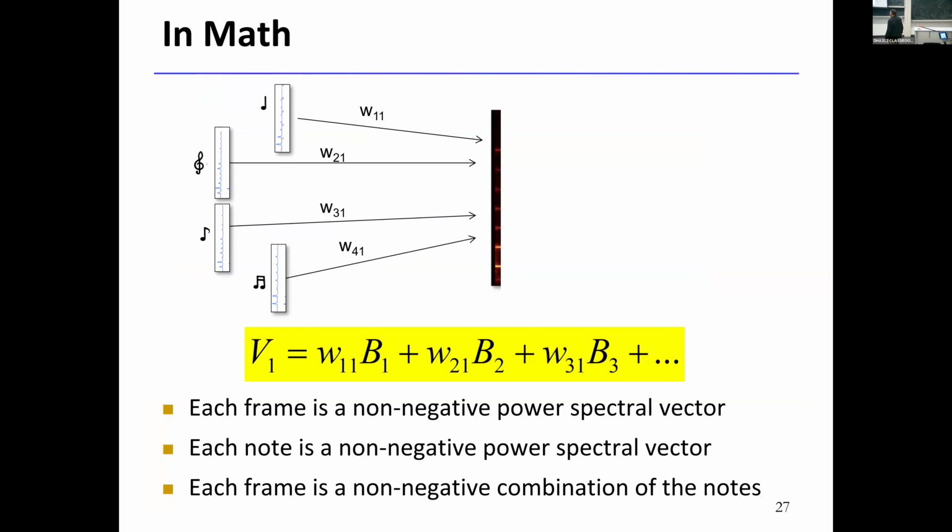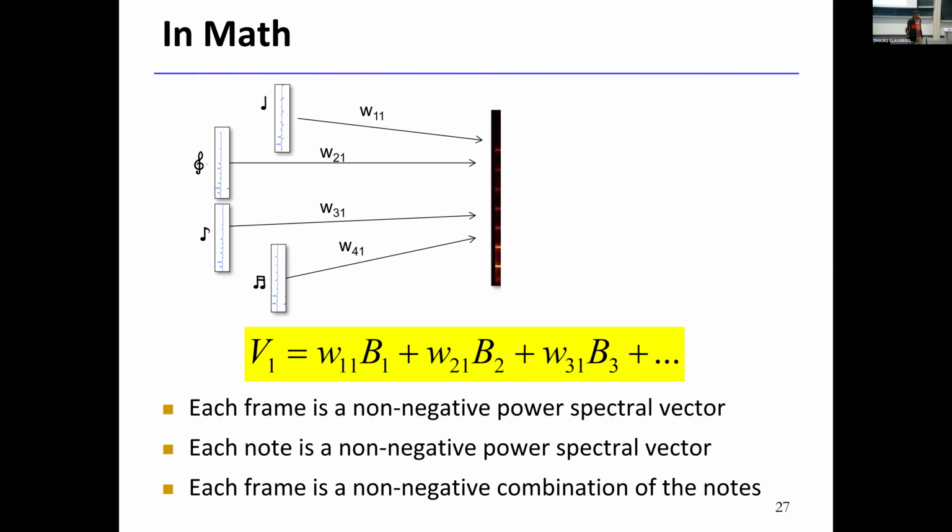So in math, if I have my bunch of notes, then each of those notes can be thought of as a basis vector. And so each vector in my spectrogram is a different weighted sum of the bases. But the thing is that the bases are all non-negative. They are power. The weights are also non-negative. You don't negatively play a note. You only positively play a note.